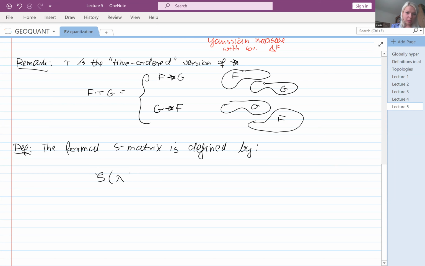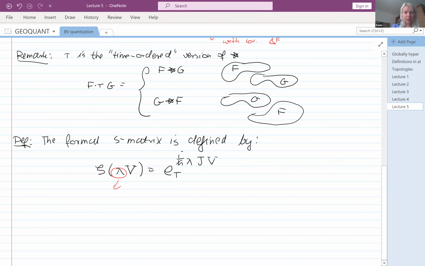S of lambda V, this is the time ordered exponential of i over h bar, lambda, and now time ordered version of V. Let me now break this down for you a bit.